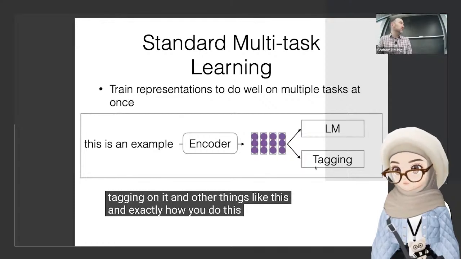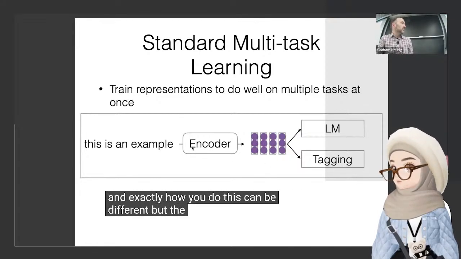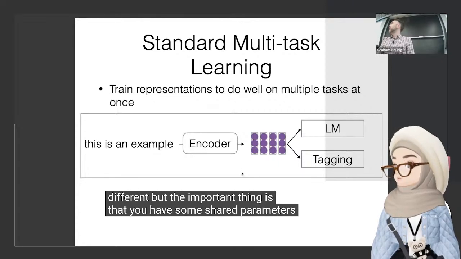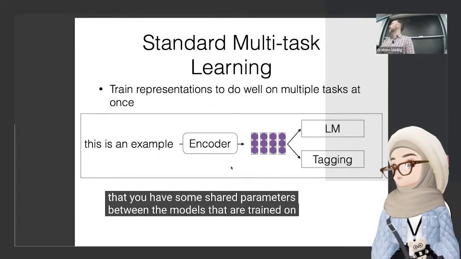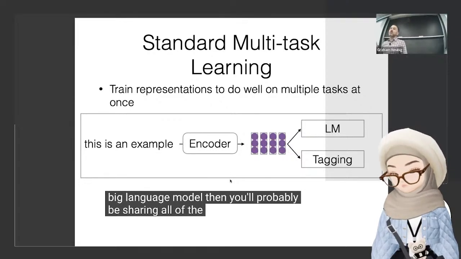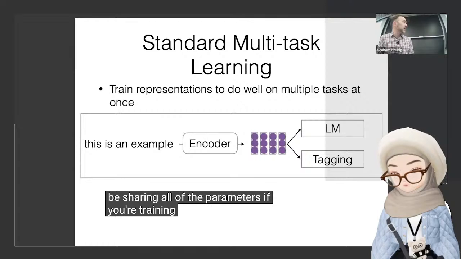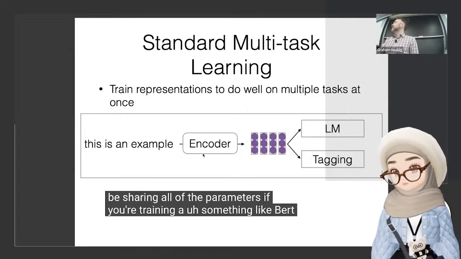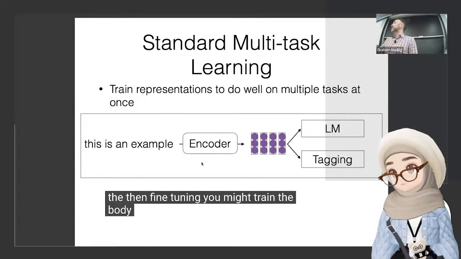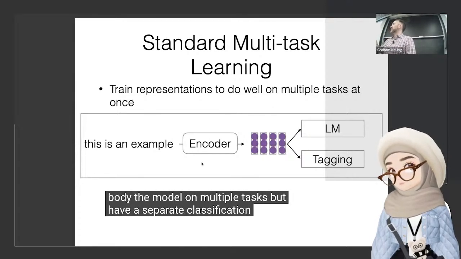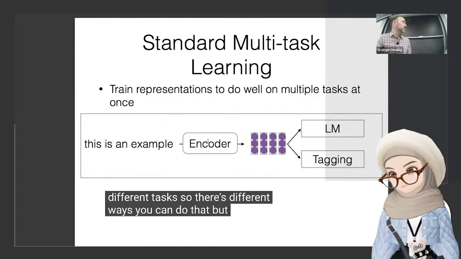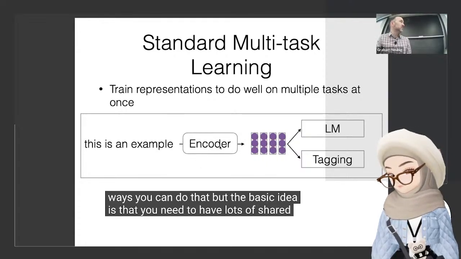Exactly how you do this can be different, but the important thing is that you have some shared parameters between the models that are trained on all tasks. If you're just training a big language model, then you'll probably be sharing all of the parameters. If you're training something like BERT, or pre-training and then fine-tuning, you might train the body of the model on multiple tasks, but have a separate classification head for different tasks. There are different ways you can do that, but the basic idea is that you need to have lots of shared parameters.